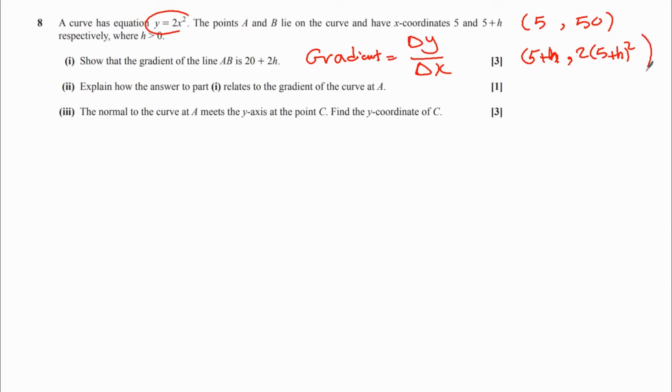So these are our x and y for the 2 points. So our delta y over delta x would be: delta y is 2 times 5 plus h squared minus 50, divided by 5 plus h minus 5.